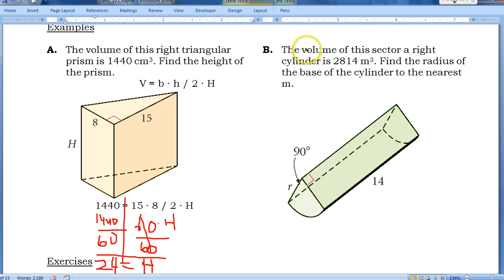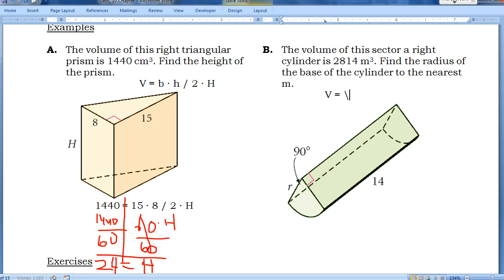Letter B says the volume of this sector of a right cylinder is 2,814 cubic meters. Find the radius of the base of the cylinder to the nearest meter. So first I need the volume formula.